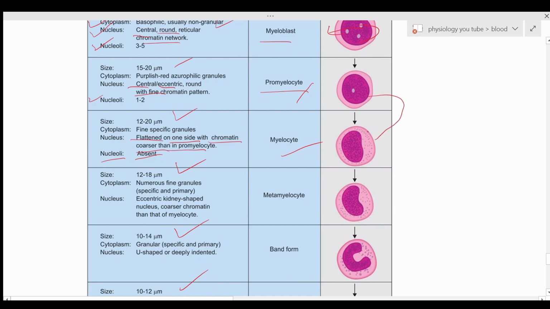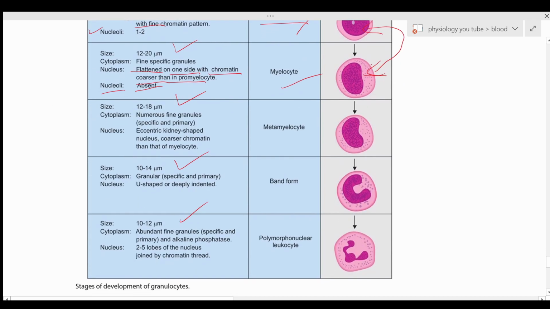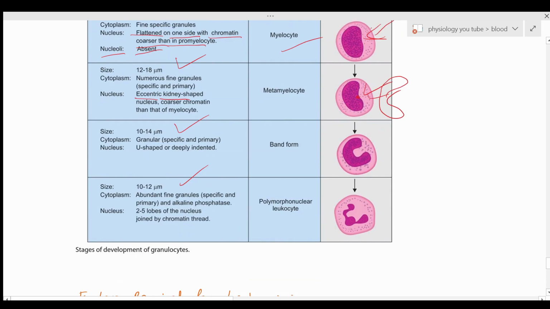You can compare these two. In a similar way, here the nucleus is eccentric and kidney shaped, which means it's not at the center and it's in the shape of a kidney. You can see from the figure, which is in metamyelocyte.